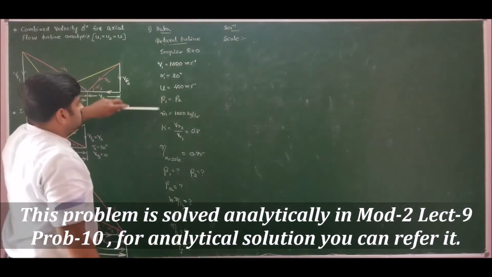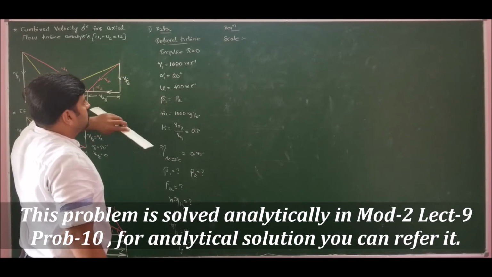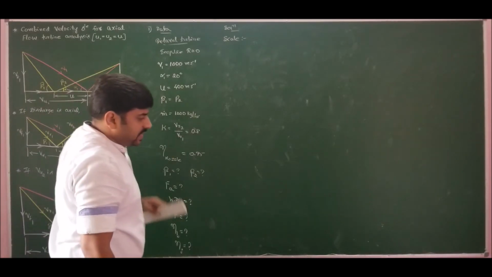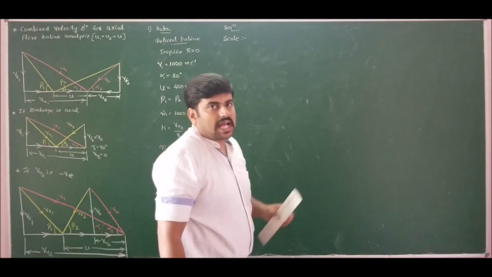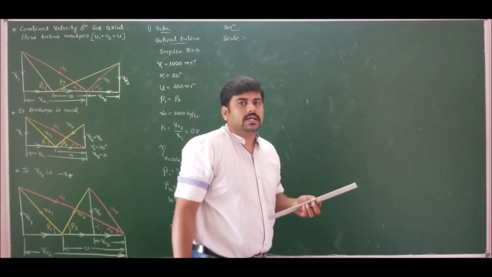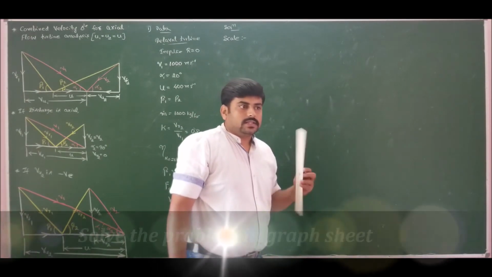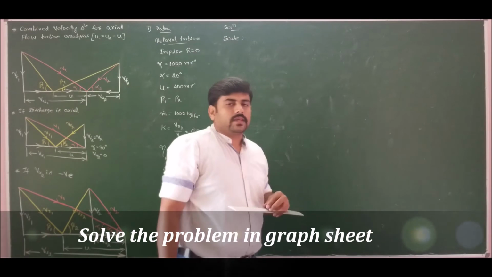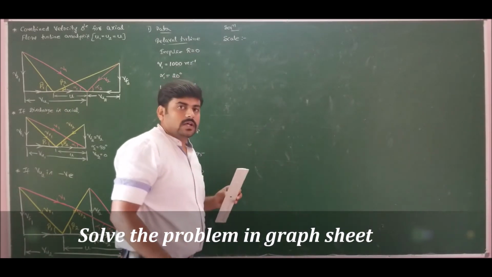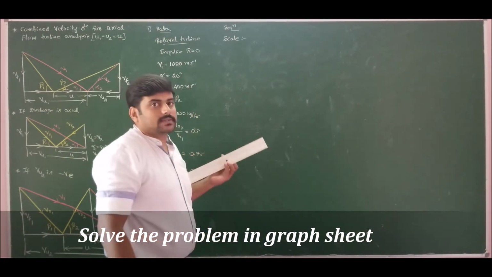Always fix the base to 5 centimeters. The bigger the scale you take, the smaller the error will be. With a smaller scale, the error will keep on accumulating and the answer deviates from the exact value. So take the scale as big as possible.